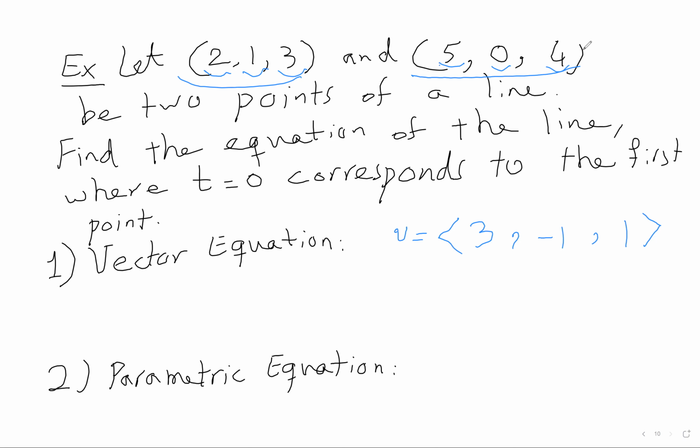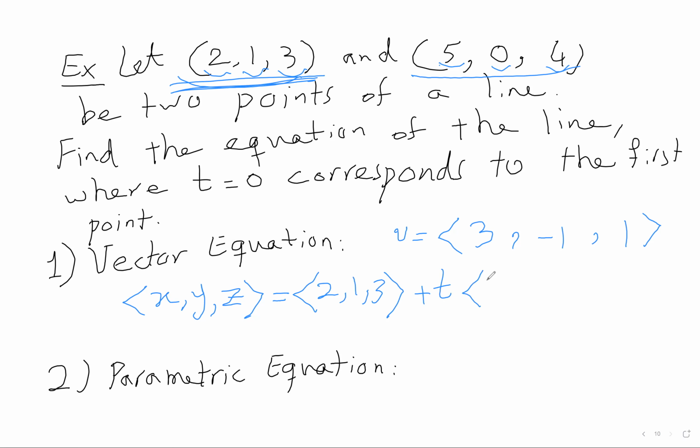And I want t equals 0 to correspond to the first point. So when I write the equation of the line x, y, z, the given point 2, 1, 3 will be used: 2, 1, 3 plus t times the v that we just obtained, 3, minus 1, and 1.